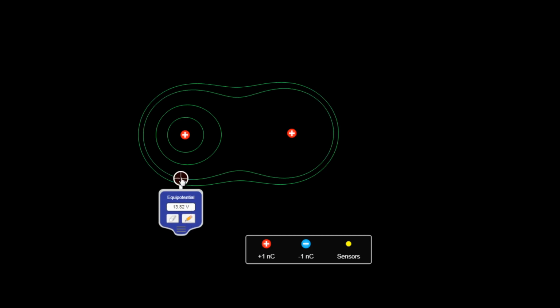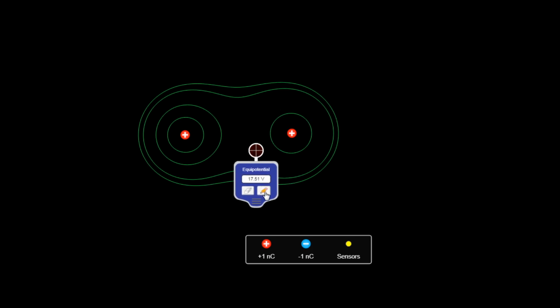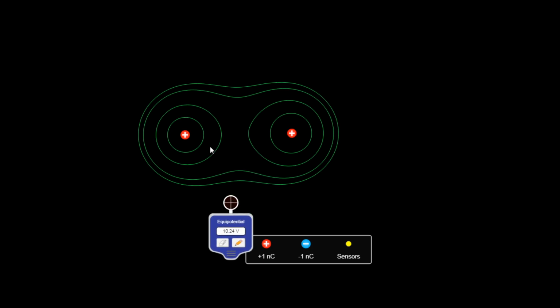Okay, now for this also we'll plot. This is concentric spheres, and what we are finding is that in between these two positive charges, the distance between the equipotential surfaces is more than the distance between the equipotential surfaces on this side.